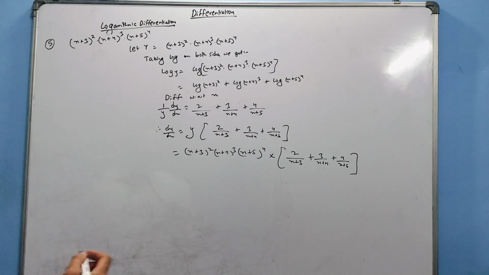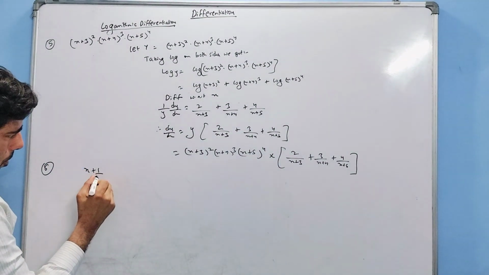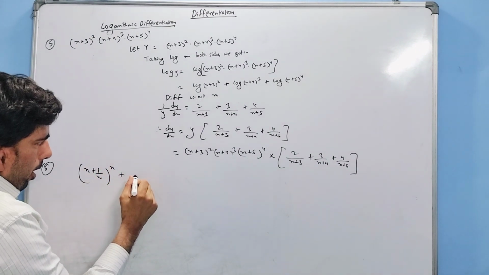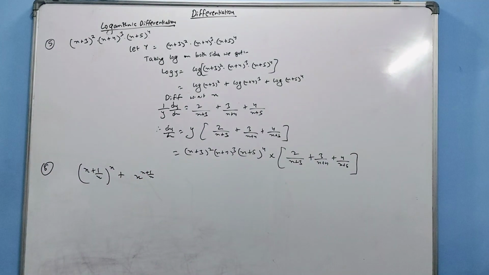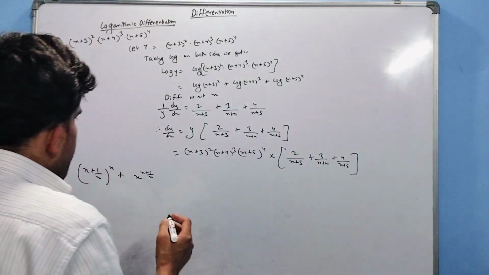Now let's try to solve the sixth one. I have (x + 1/x)^x + x^(x + 1/x). Okay, now let us see how we can solve this in a very easy way.